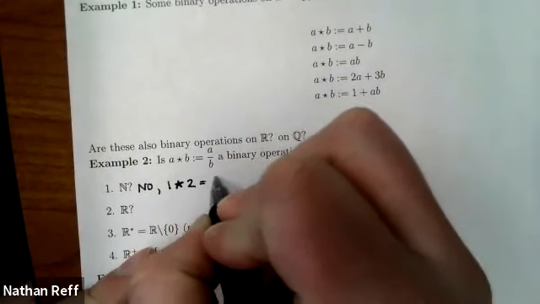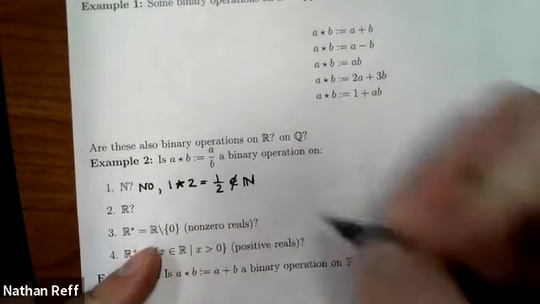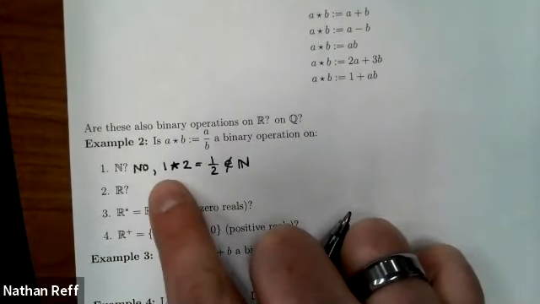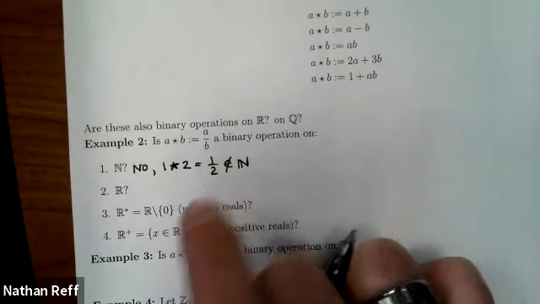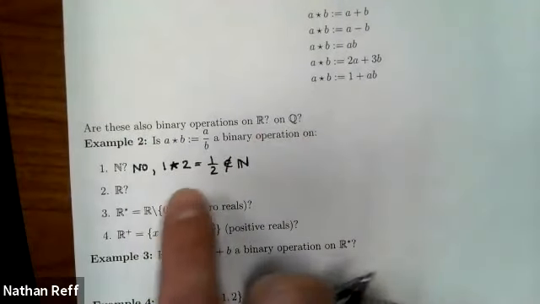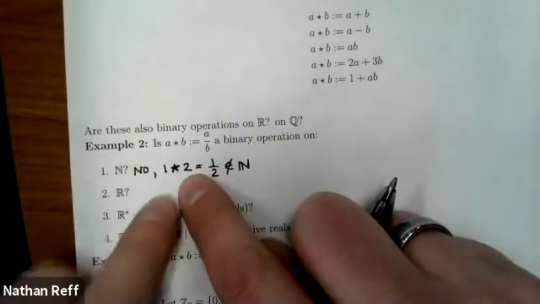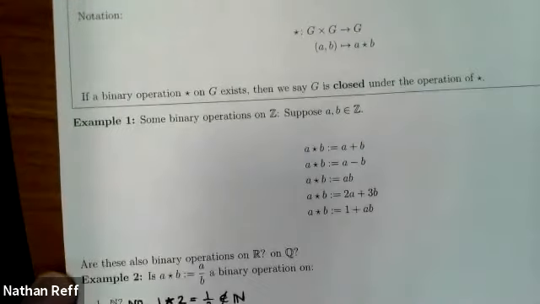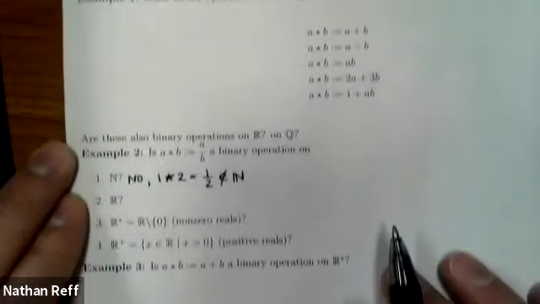This would be 1 over 2, and that's certainly not a natural number, right? Now, sometimes it works. If I did 4 star 2, that would be 4 divided by 2, which is 2. So it does work for some of them, but as soon as it doesn't work for some pair, then it can't be a binary operation, because the definition says you need to be able to do this for any pair, okay?